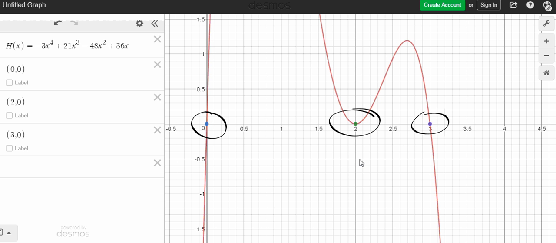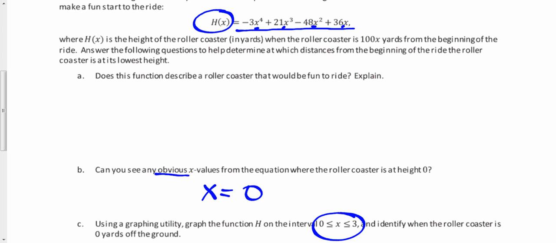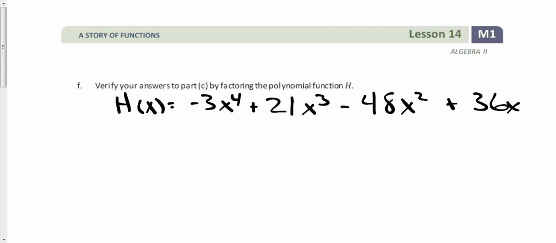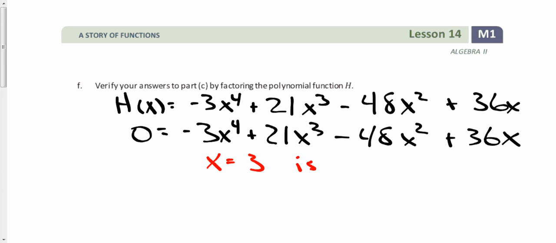So, x equals 3 is a solution to this equation. X equals 3 is a solution.